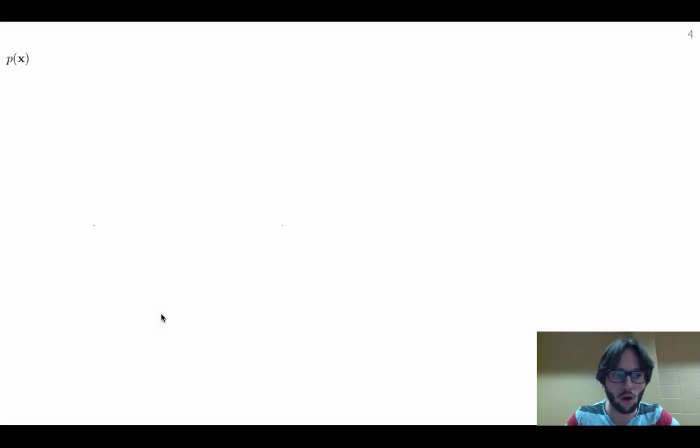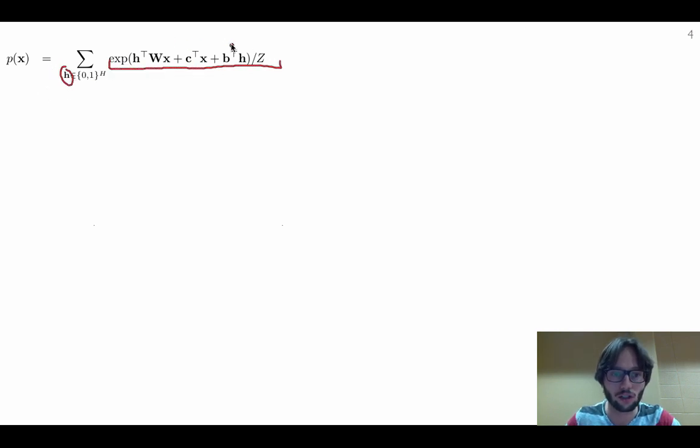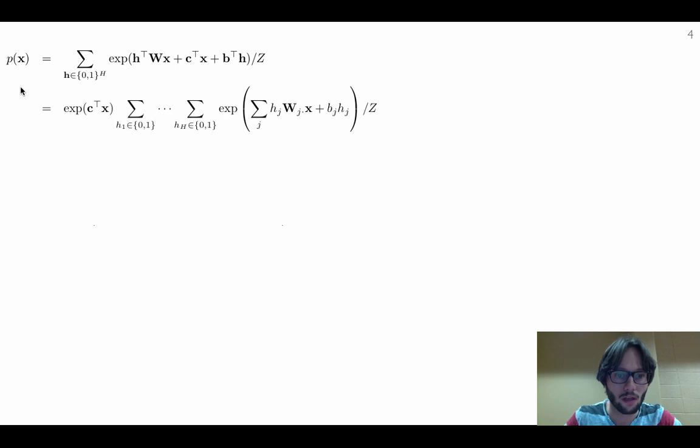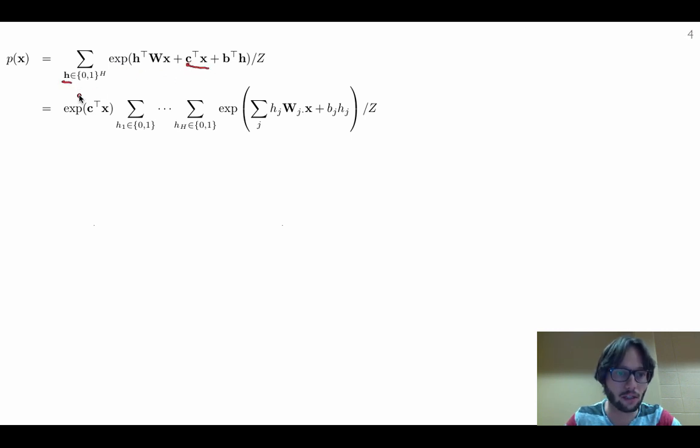Okay, so P of X is the marginalization of the joint distribution by summing over all values of H. So here, this is just P of X and H. Now, let's notice that the exponential of the bias term does not depend on the hidden layer, so we can put it in front of the sum.